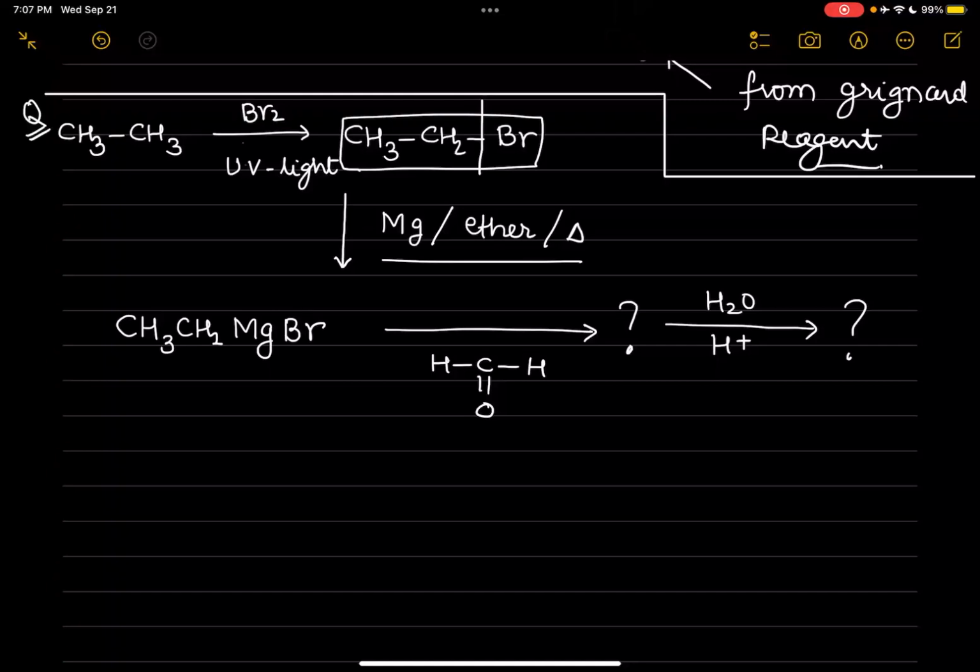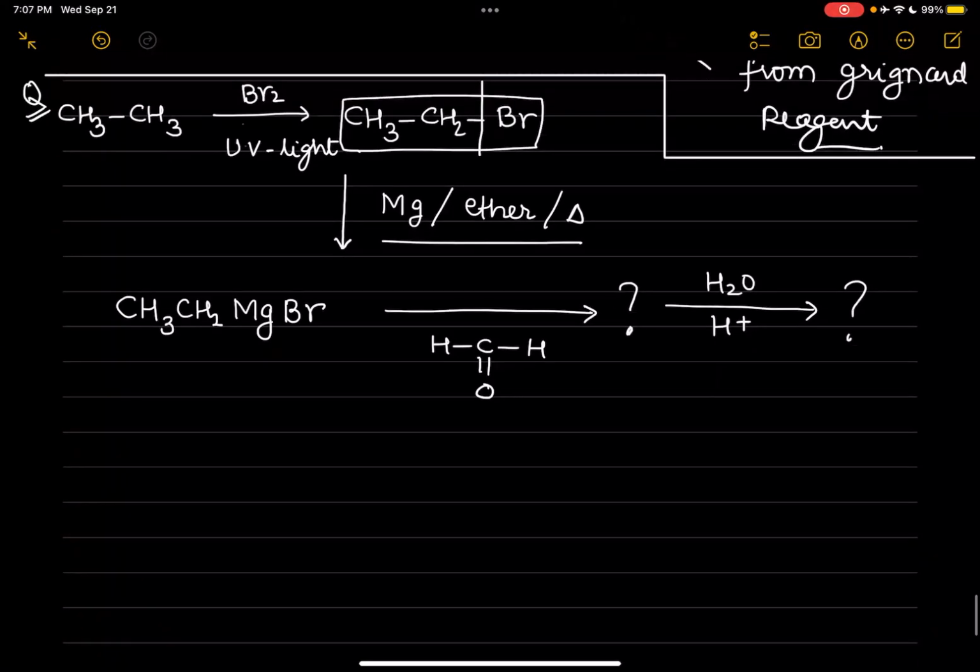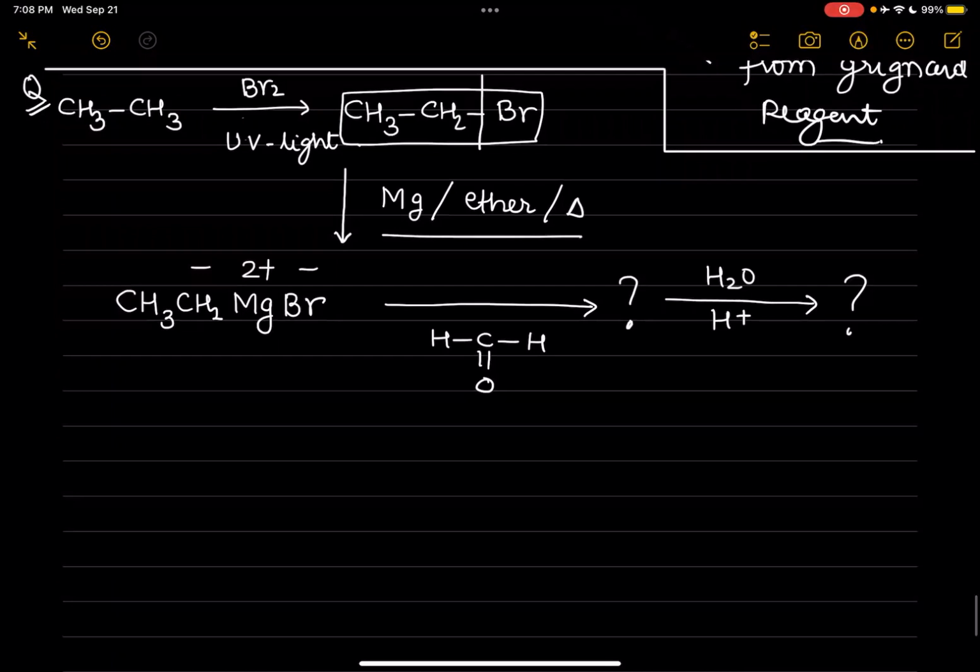All magnesium-containing organic compounds are Grignard reagents, and specifically this is ethyl magnesium bromide. As I told you, you can think of it as Mg2+, Br minus, and this carbon minus. Magnesium is plus 2 because it has 2 outermost electrons and loses those electrons.